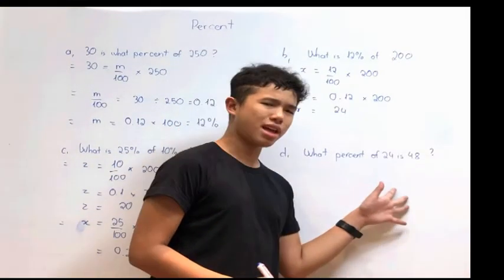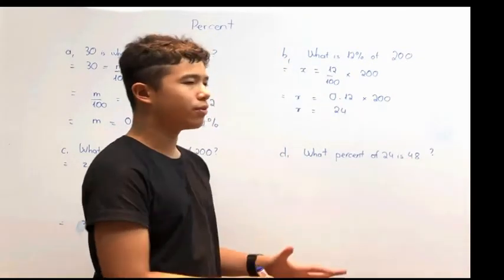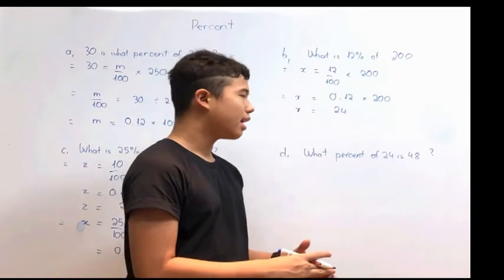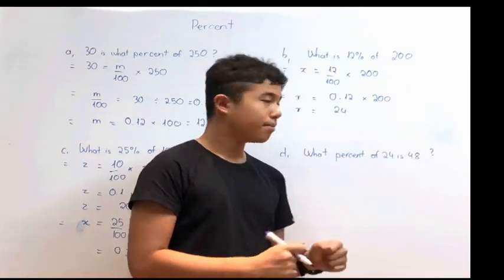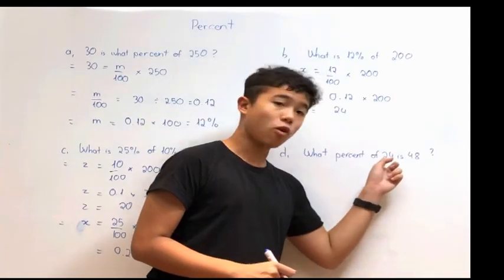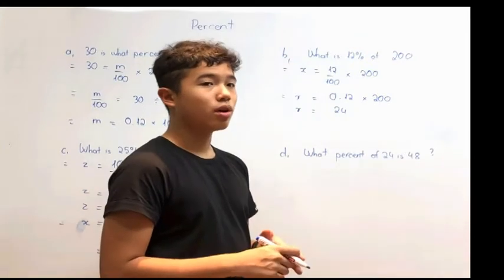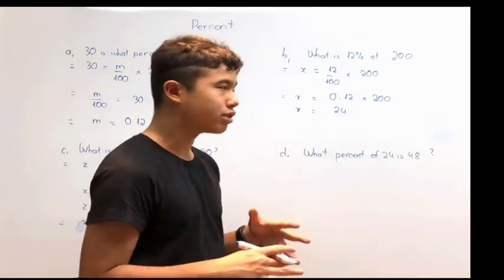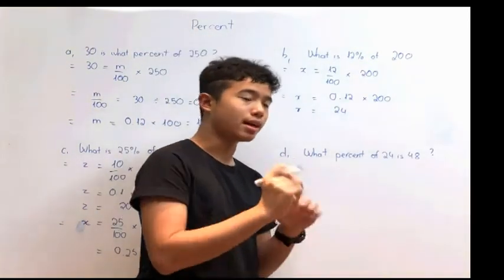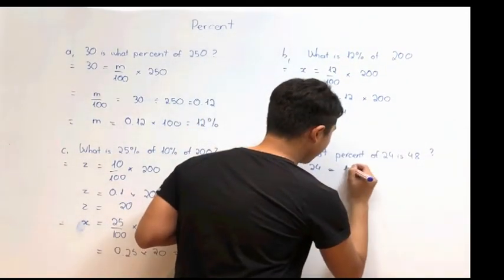So what percent of 24 is 48? 48 is even bigger than 24. So that's going to be higher than 100%. 24 means 100%, and 48 is 24 times 2.